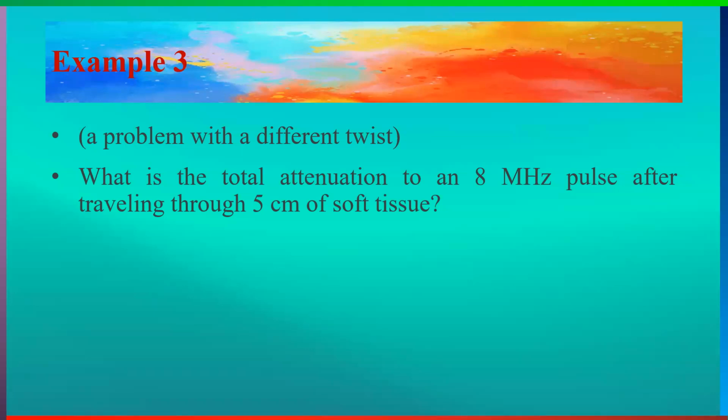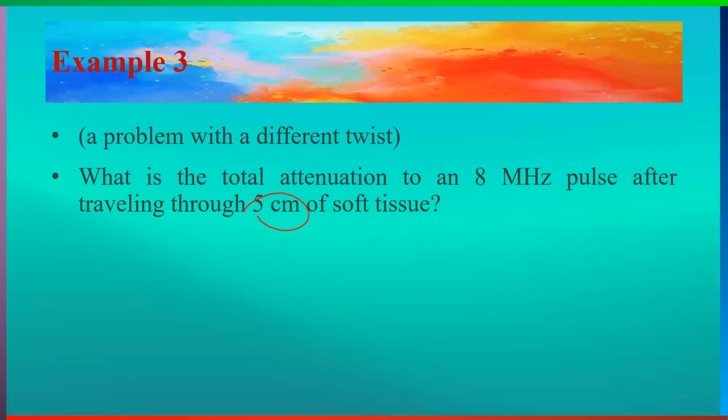So here we'll assume that any one variable will be kept constant. For the time being, we are assuming that either frequency or distance is not changing. At this time, we can say that the distance is kept constant, right? The distance is 1 centimeter.